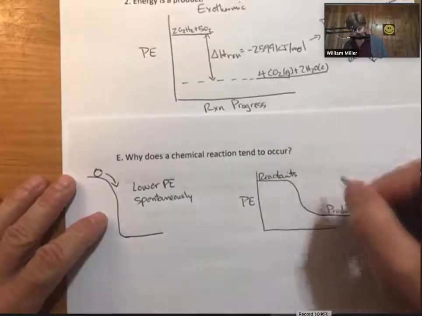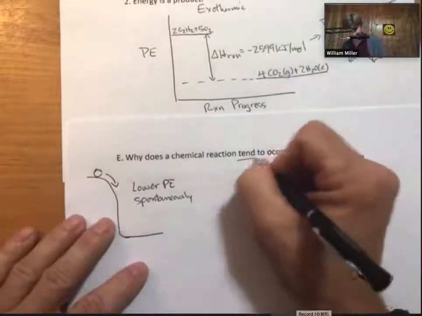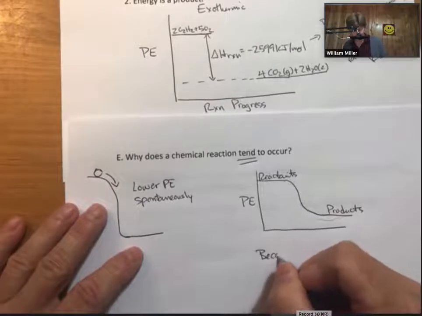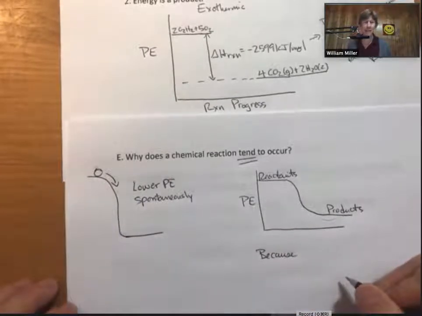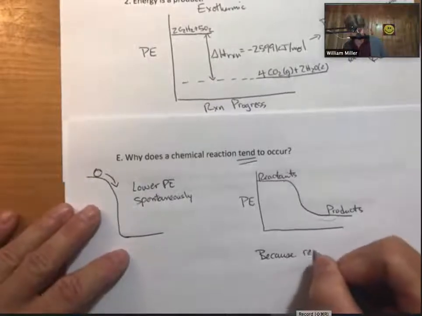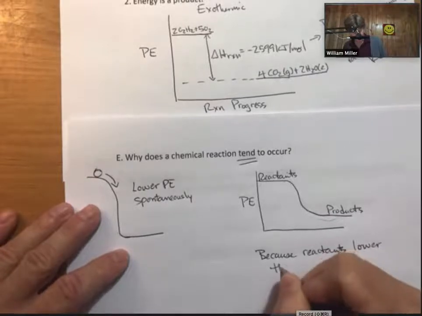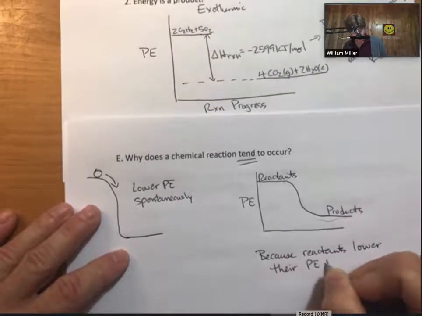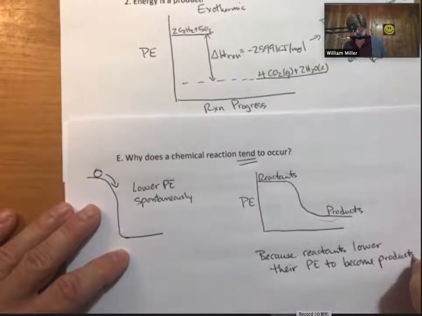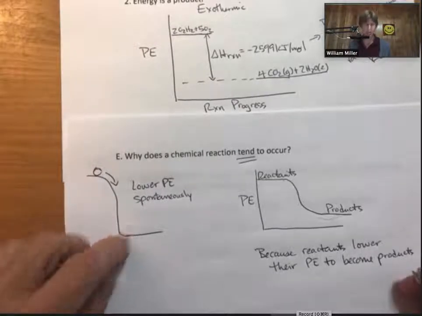So what we will say is, why does a chemical reaction tend to occur? A chemical reaction tends to occur because reactants lower their potential energy as they become products, in direct analogy to why a ball rolls down a hill.